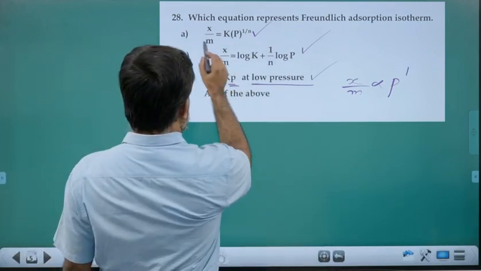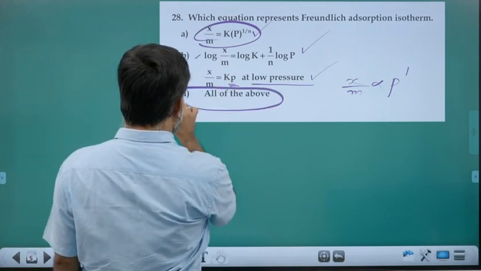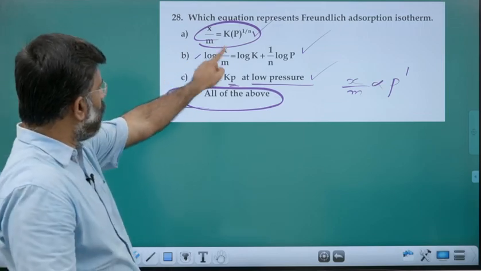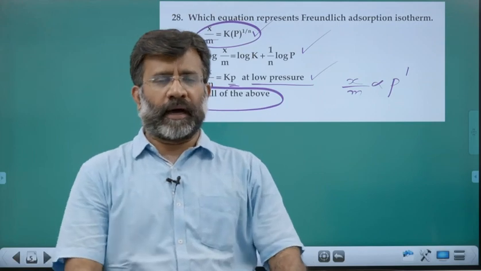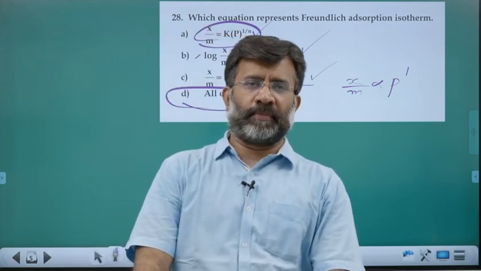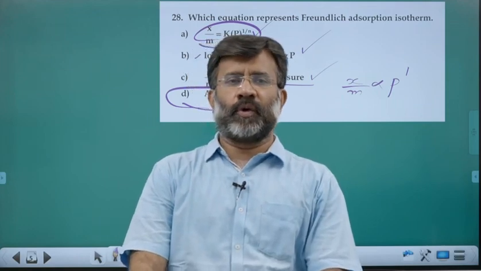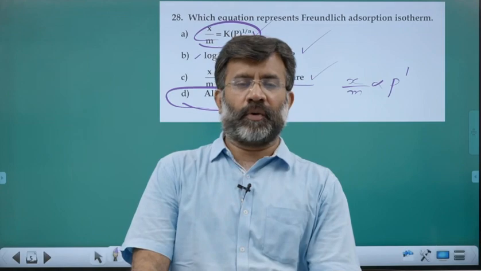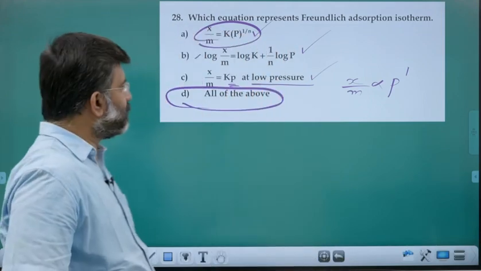Now, upon taking log of this, you will get this. Answer is all the above. All are true statements. So log x by m is equal to log k plus 1 by n log P. Plotting a graph of log x by m versus log P, you get a straight line with a positive slope and a non-zero positive y-intercept. Okay, next.